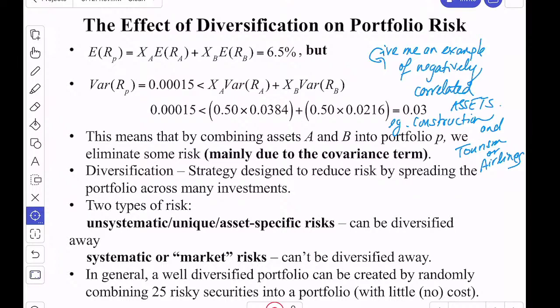In general, a well-diversified portfolio can be created by randomly combining about 25 risky securities into a portfolio with little or no cost. What am I talking about?